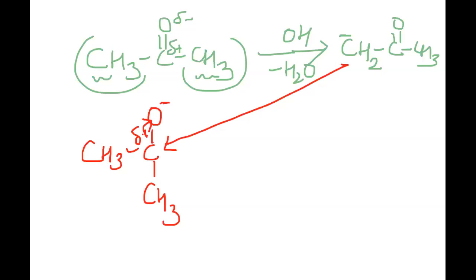So here it is going to add up, and here you will get this molecule added, that is CH2, C double bond O, and a CH3. This is the ketol group.